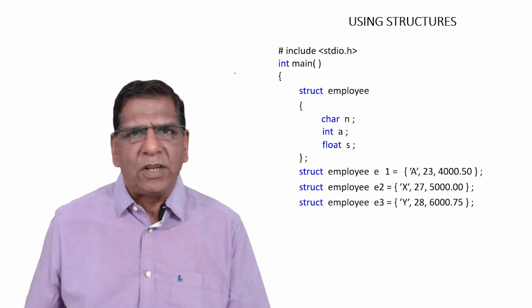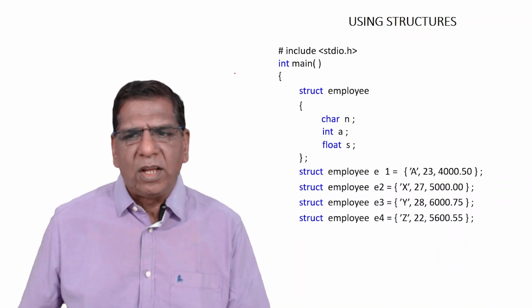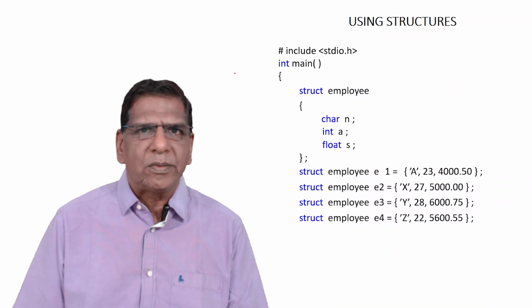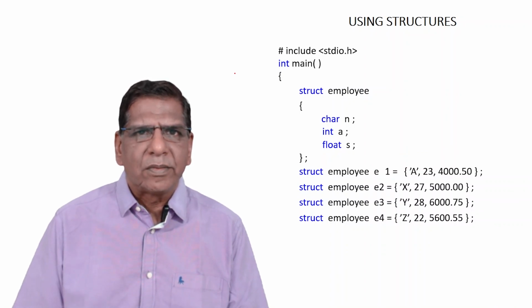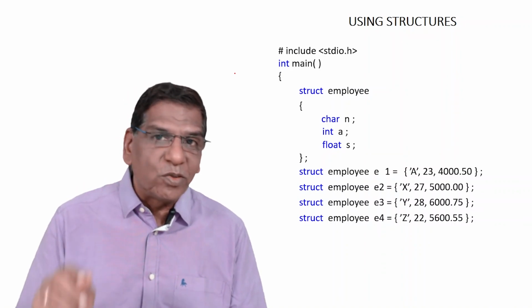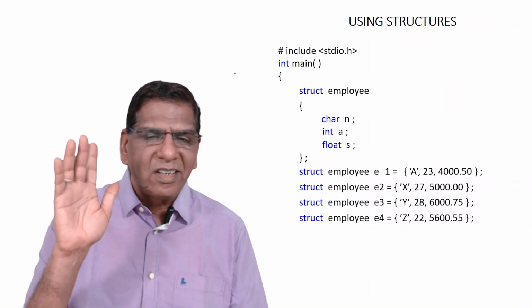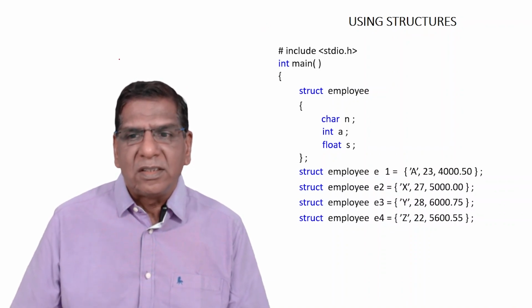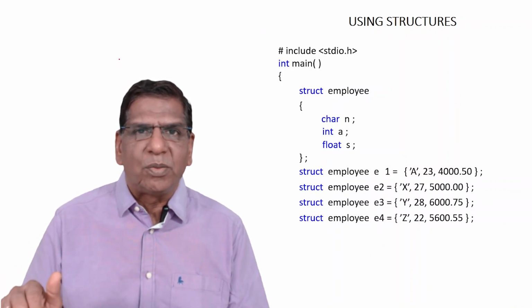Let's create one more variable E4 holding values Z 22 and 5600.55. Advantage here is natural relationship now stands restored.